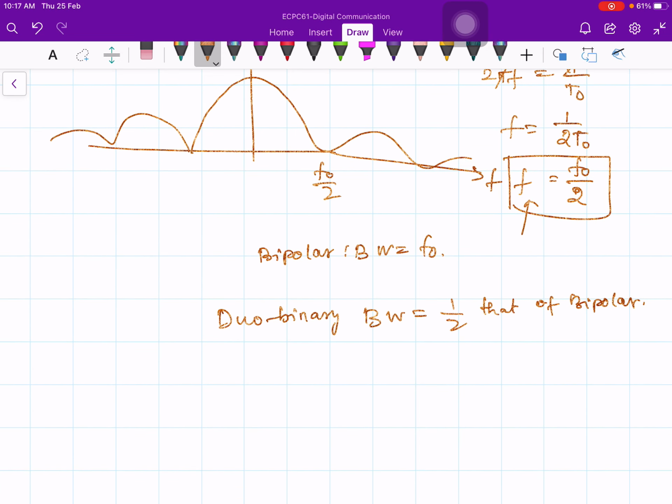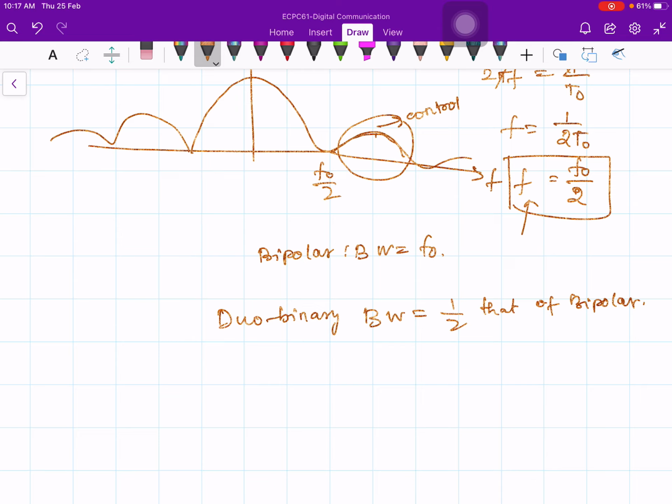Because we can always shape the side lobe. You can control the side lobe by choosing different pulse shapes. So you can change the shape of the second lobe or side lobe.